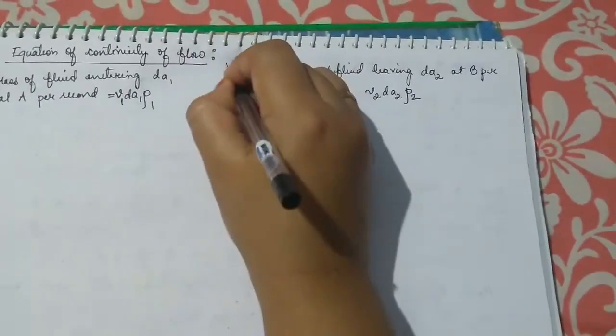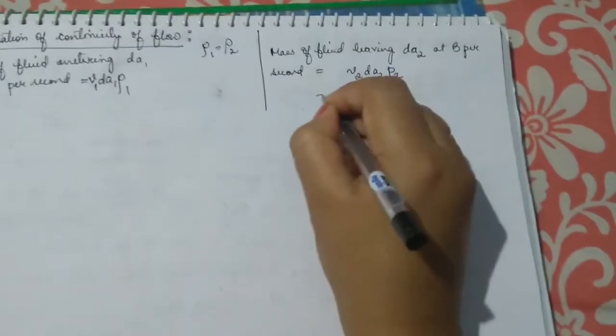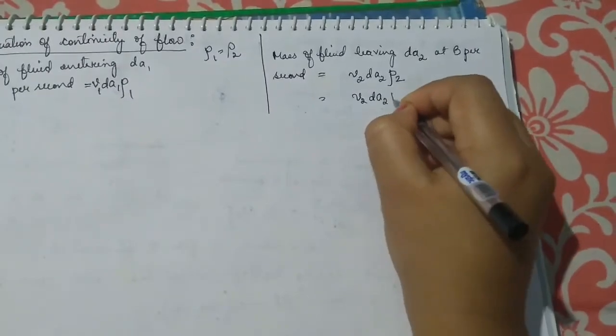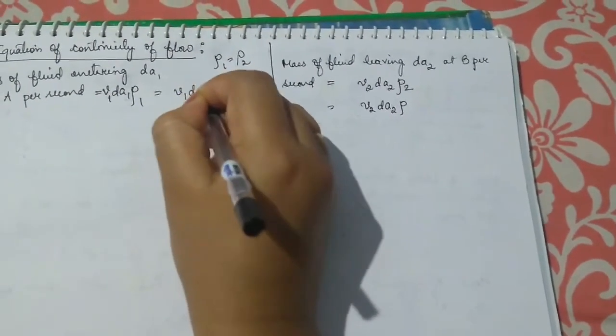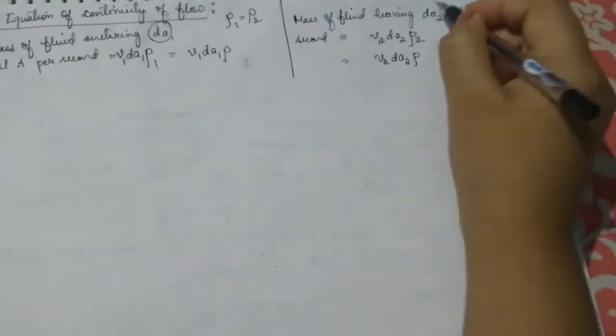Already we have discussed that we have the same fluid, so rho 1 is equal to rho 2, so there is no use of considering rho 1 and rho 2. It is simply rho, and here also it is simply rho.